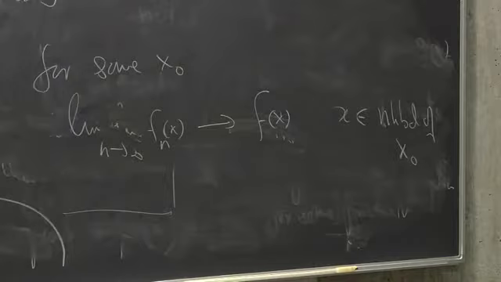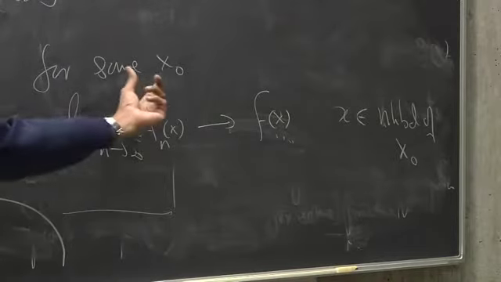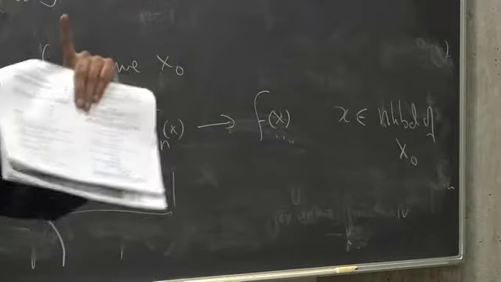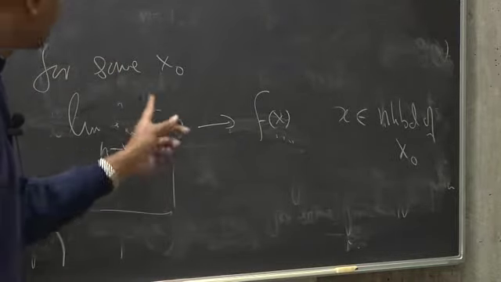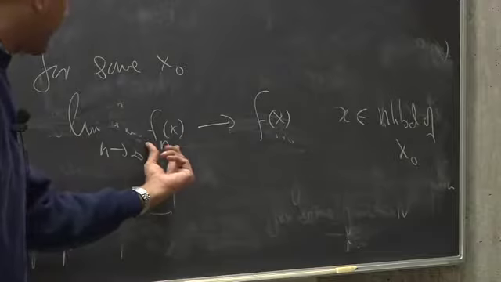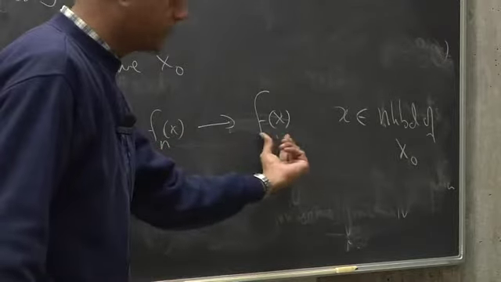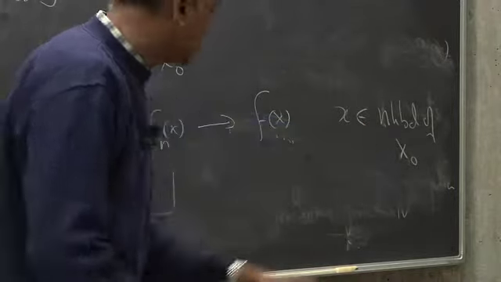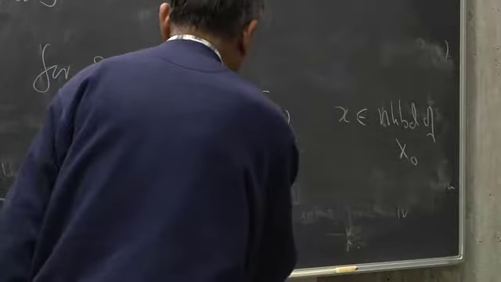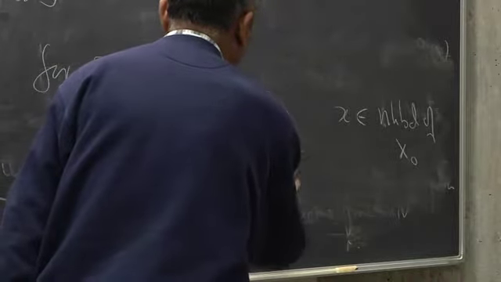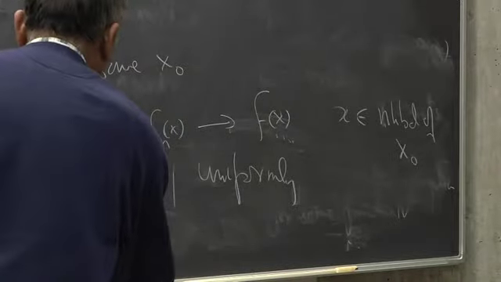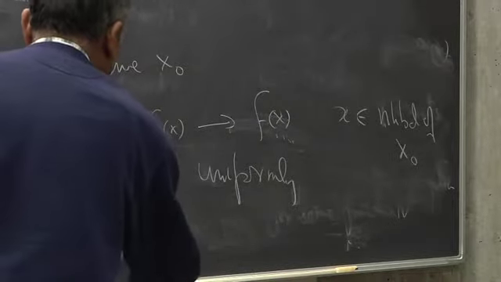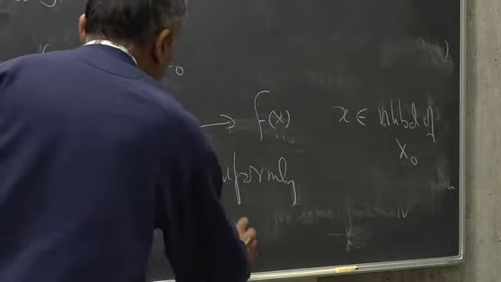So take a point x naught and consider a small neighborhood around x naught. If it happens to be true that f_n(x) converges to some function f(x) in that neighborhood uniformly, then x naught is called a regular point.